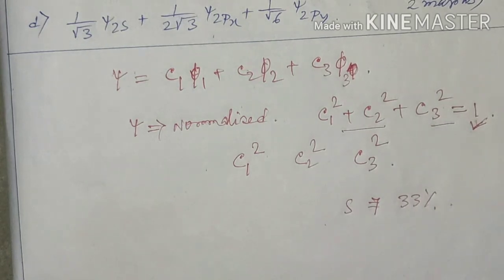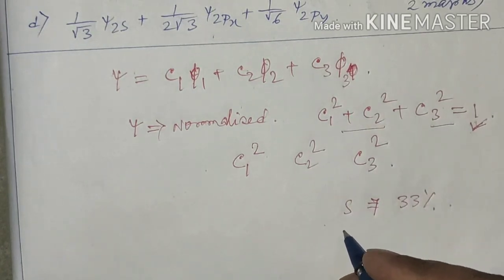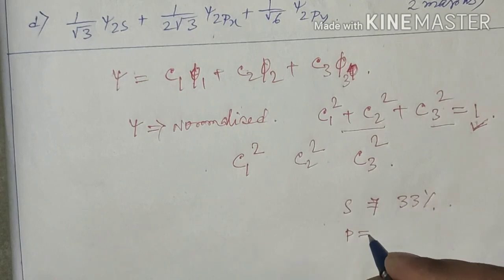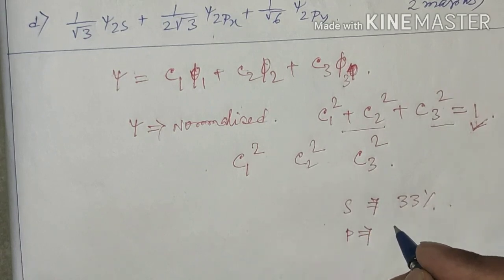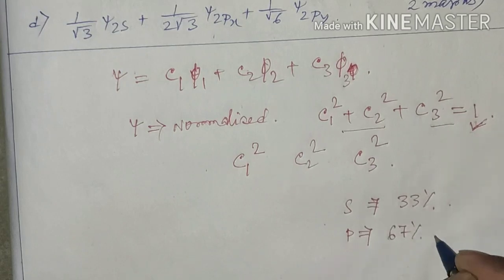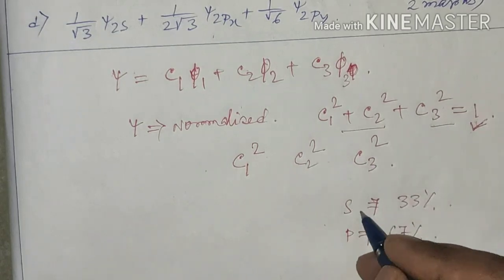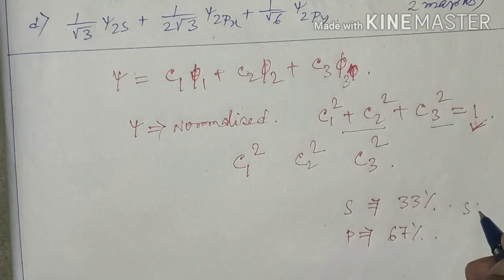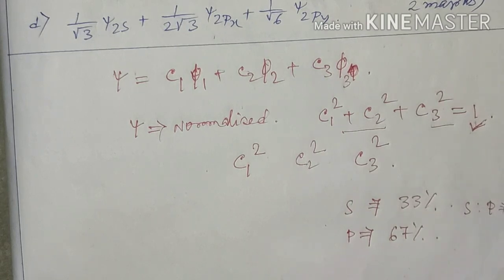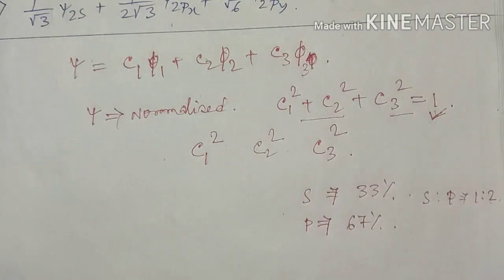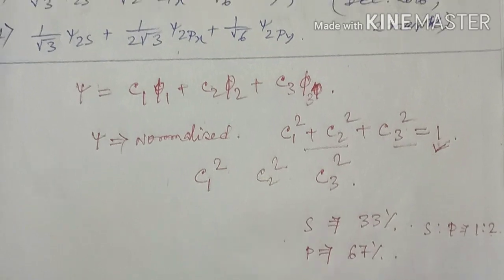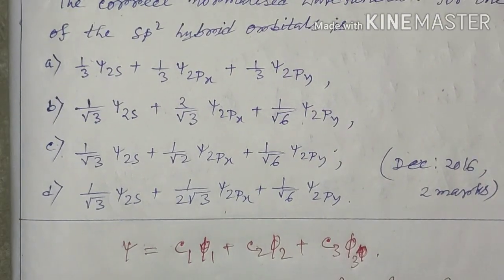It is from the rule of sp2 hybridized orbitals, and the contribution of the p atomic orbital to the given wave function will be 67%. That means the ratio of s and p atomic orbitals will be 1:2. It is the contribution ratio. So you have to find which given wave function satisfies this condition.